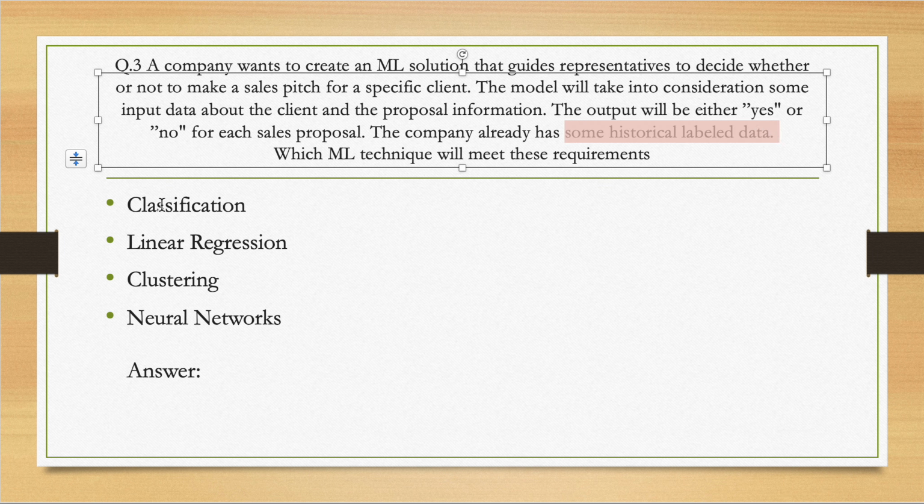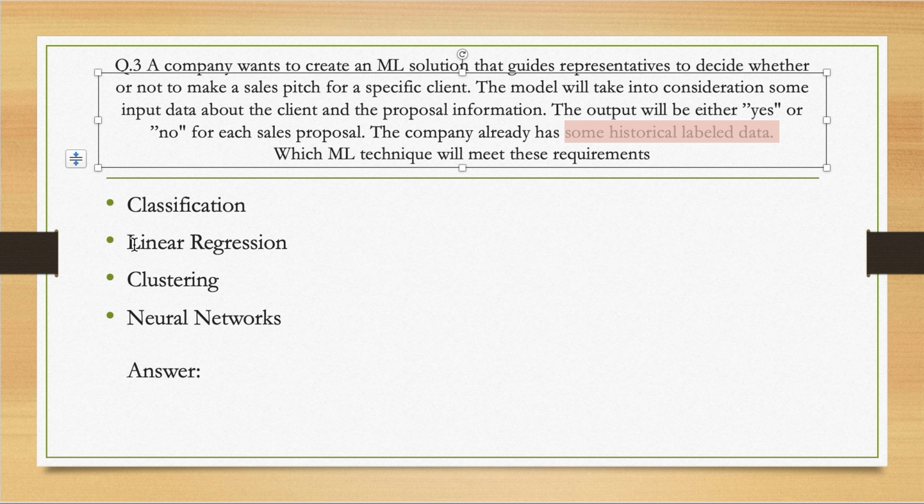Now coming to classification and regression. If you are clear about the difference between the two, basically classification is something like when we are classifying things into different categories, like let's say animal classification, plant classification, or it could be a binary classification where there are two possible outcomes.